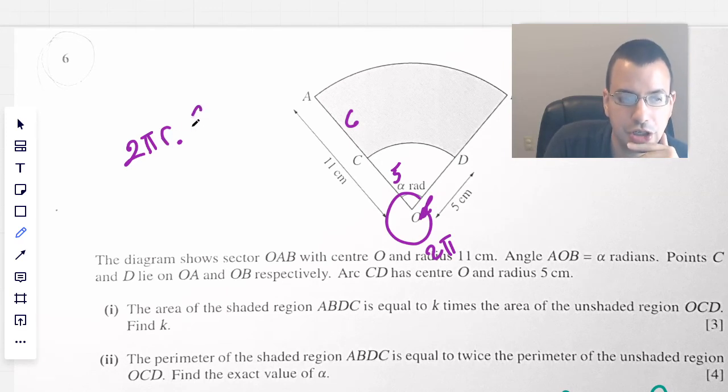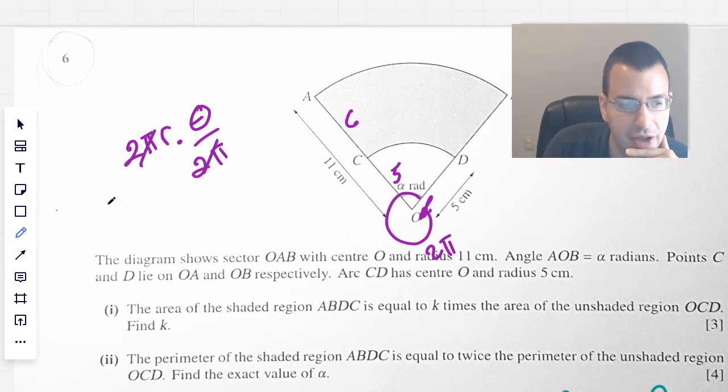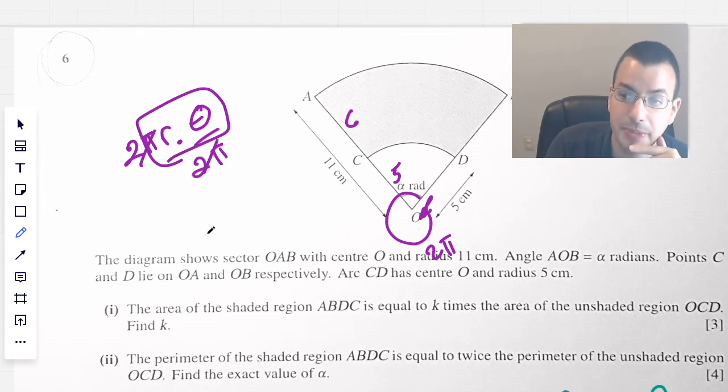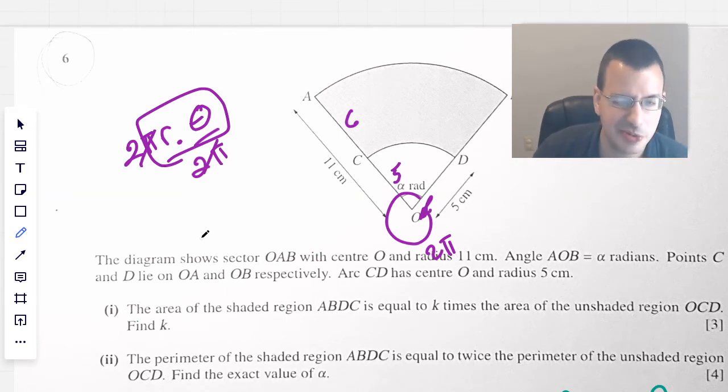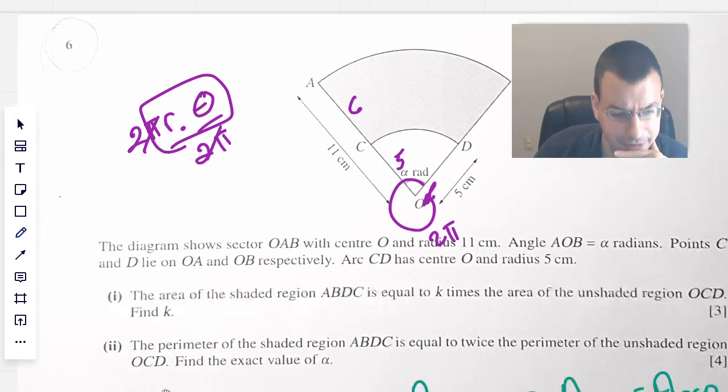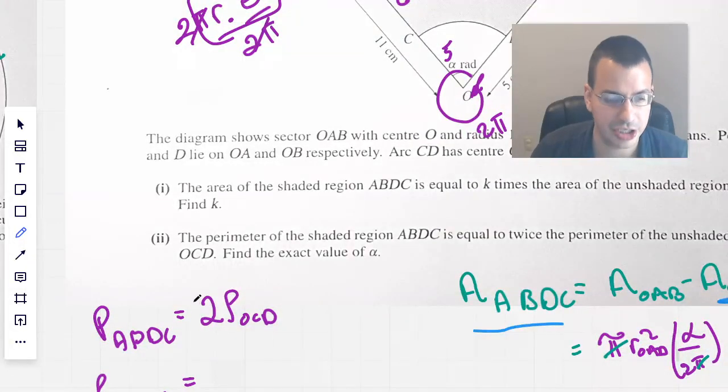Our arc is only theta long, but a full circle is 2 pi. The 2 pi cancel, and therefore our arc length is just r theta. That's something you probably know already, but if you don't, this is the way I justify it to myself. So an arc length is r times theta.